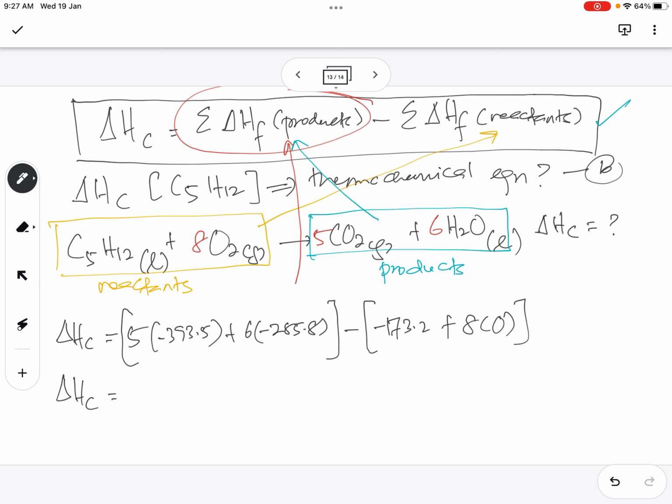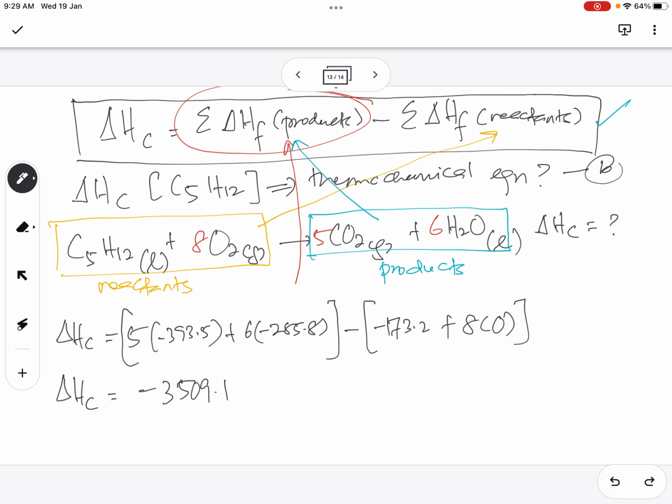Anyone? Berapa dapat? Negative 3509.1 kilojoule per mole. Don't forget the unit.